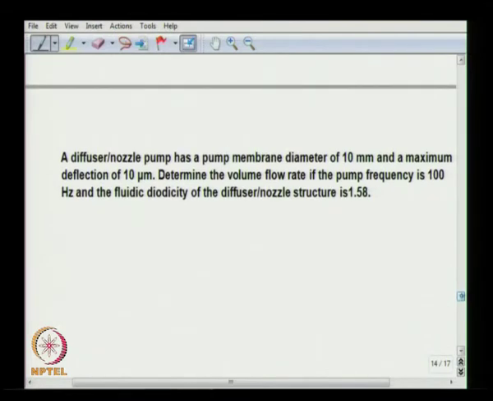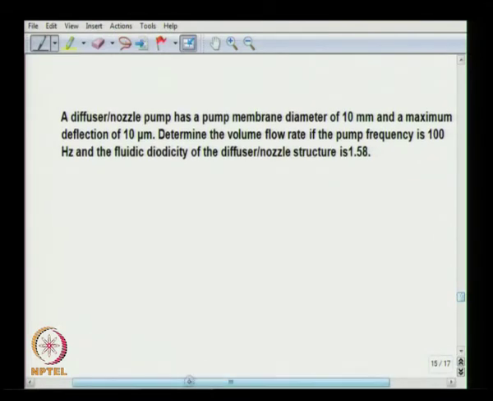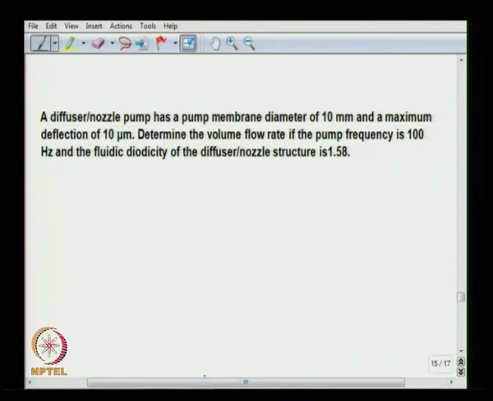Next, we consider another example. We consider a diffuser nozzle pump, and that has a pump membrane of diameter 10 millimeter, and the maximum deflection is about 10 micron.